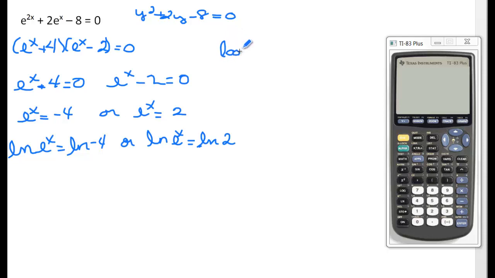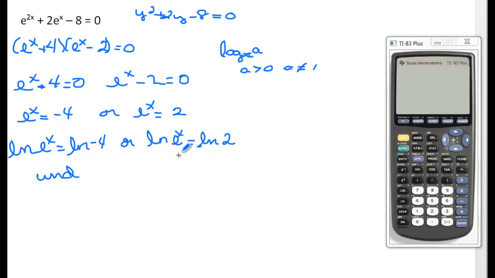Log base x of a was defined when a was greater than 0 and a was not equal to 1. So we can't take this natural log of a negative 4, so this is undefined. But we can evaluate the second part of this.